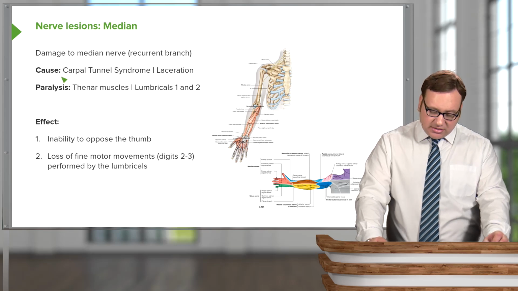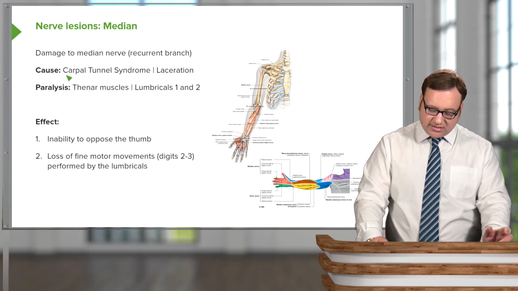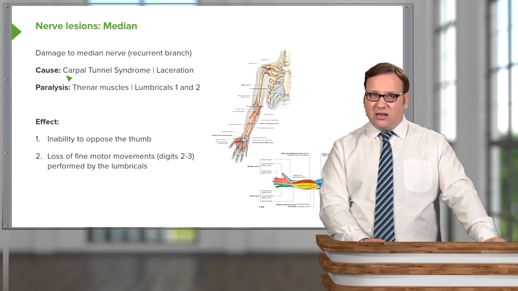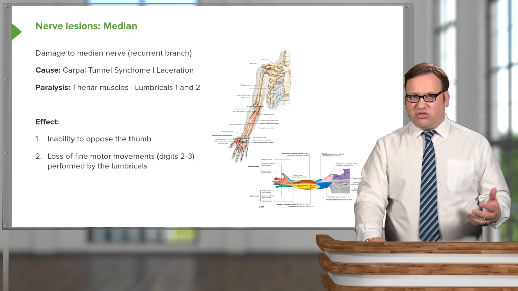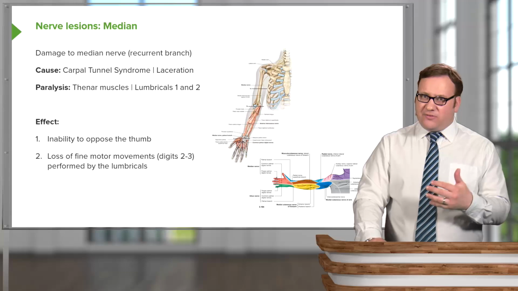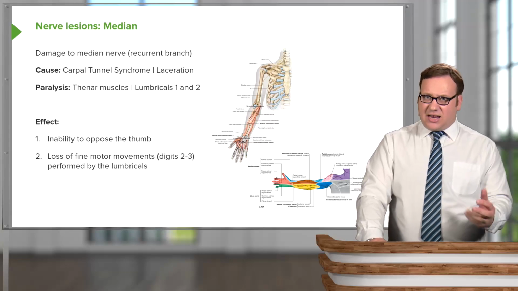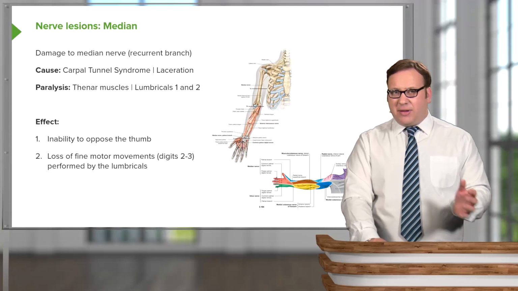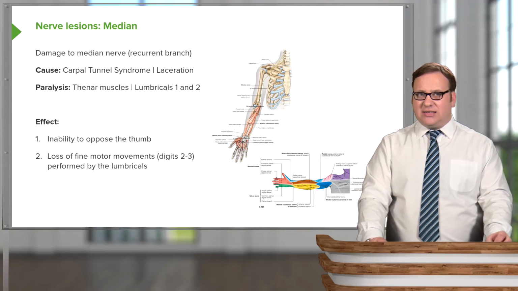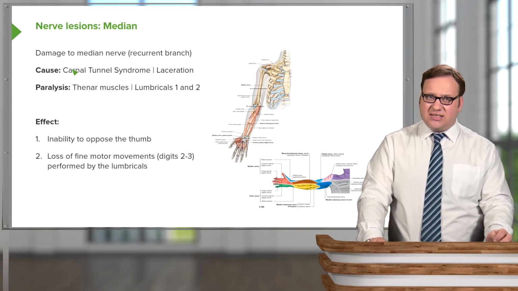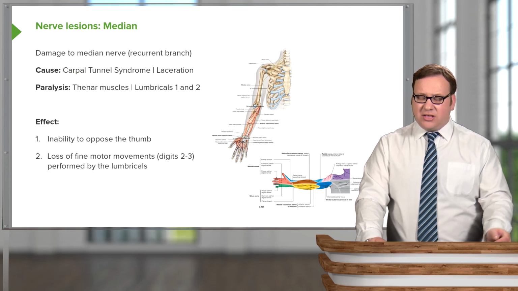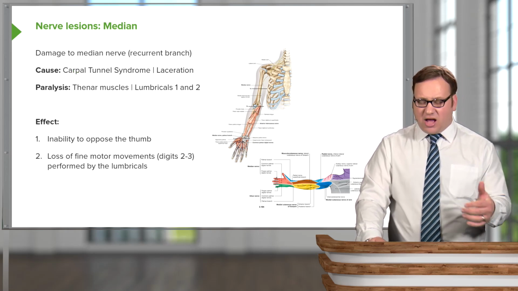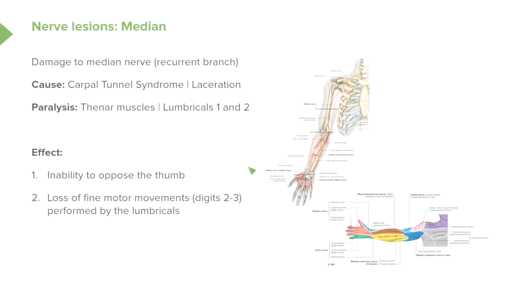However, as the nerve passes through the carpal tunnel, it can be due to carpal tunnel syndrome, or if there's a laceration of your wrists, that the median nerve could be damaged. And this could lead to paralysis of the thenar muscles and lumbricals 1 and 2. These are supplied by the recurrent branch of the median nerve that passes through the carpal tunnel and therefore is likely to be damaged.